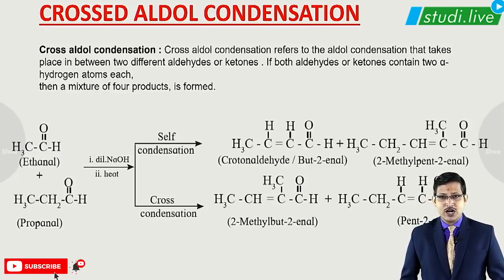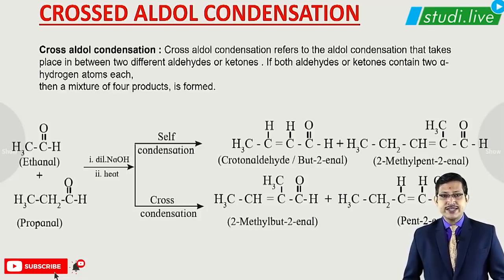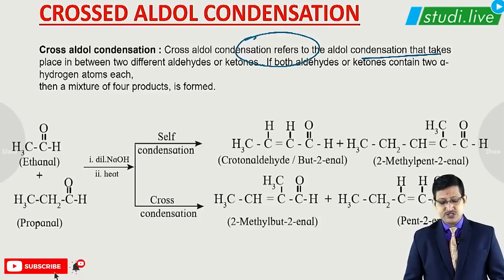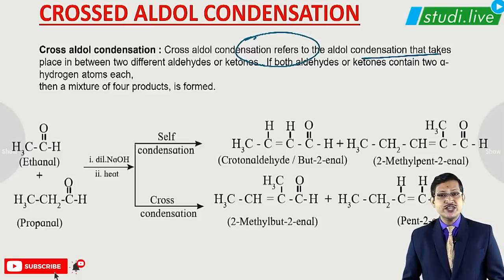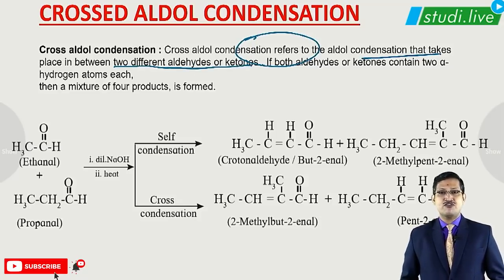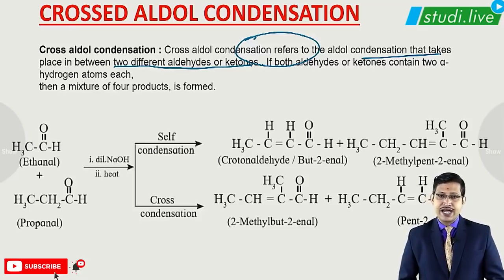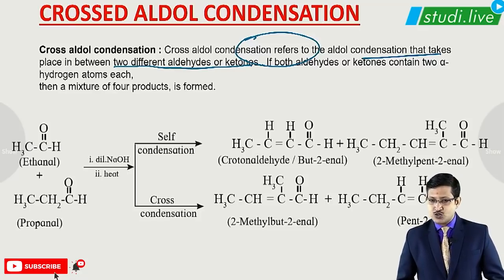The next reaction is crossed aldol condensation. Now what is crossed aldol condensation? The basic difference between aldol condensation and crossed aldol condensation is that crossed aldol condensation refers to the aldol condensation that takes place between two different aldehydes or ketones. A very important keyword: two different aldehydes or two different ketones.